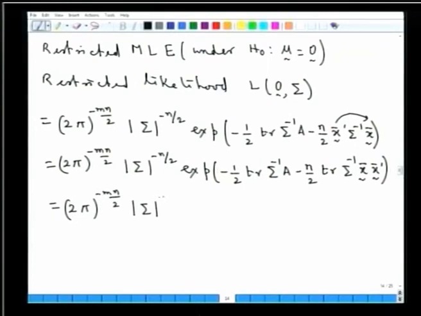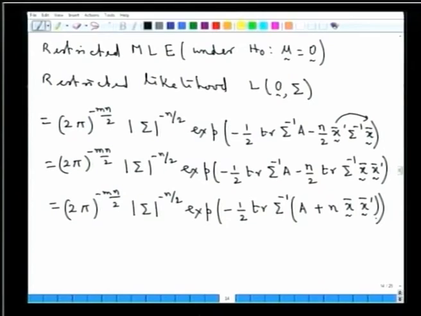So we will have this term in a compact form as following, which would help us in order to get to the maximum likelihood estimator by using the same logic as what we had used in order to get to the maximum likelihood estimator for the unrestricted setup. This will be minus half trace of sigma inverse. The entire term is common, so we will have that A plus, now this minus half trace sigma inverse is out now, then we will have n times x bar transpose as this particular matrix.